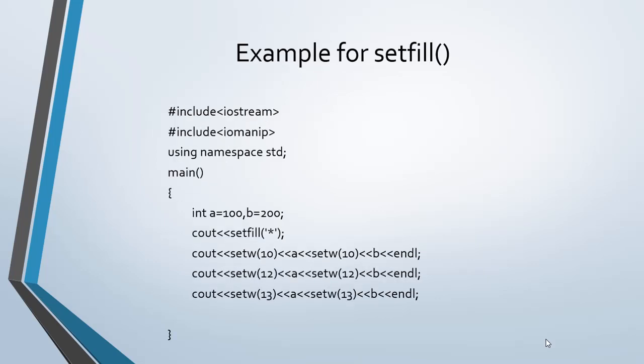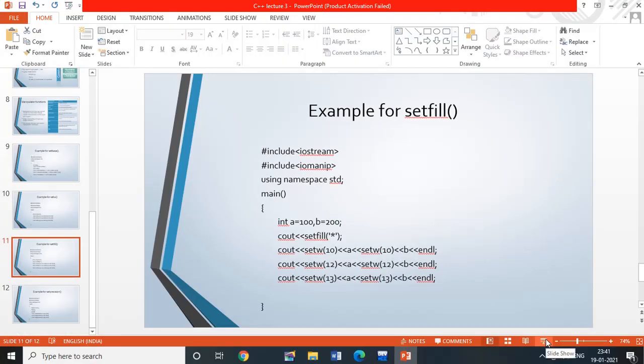Now again, it is set fill. Instead of having free spaces there, I need something to fill it up, such as a hash or a star, and you know this hash and star are all characters. So a character should come under single quotes. So let us see how the set fill function will work.